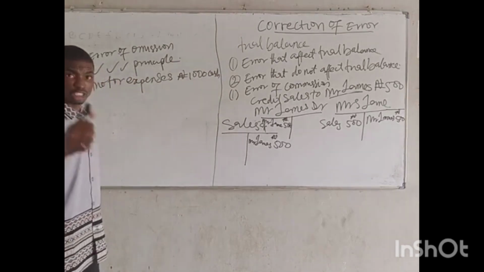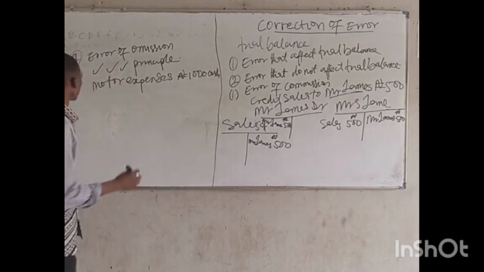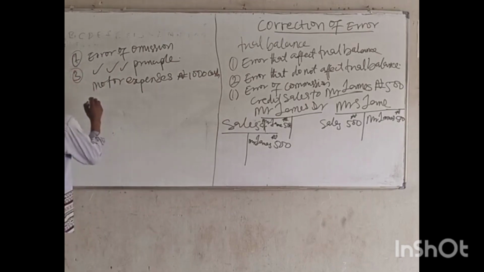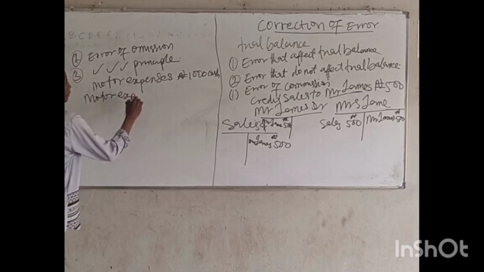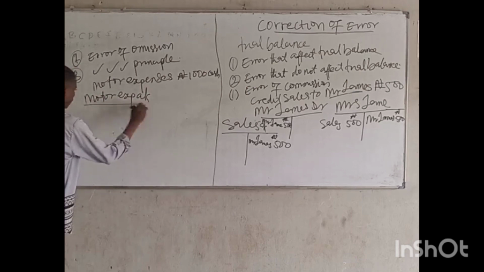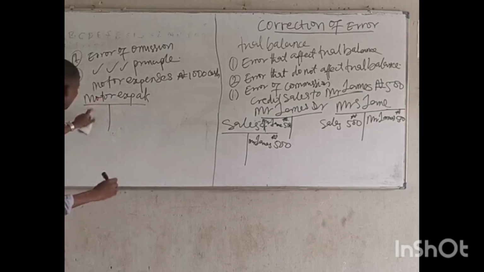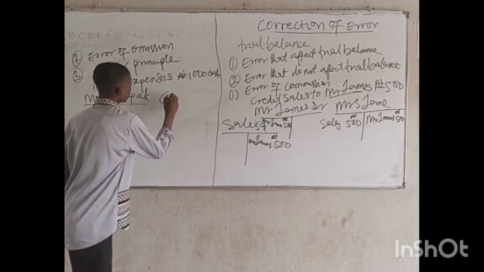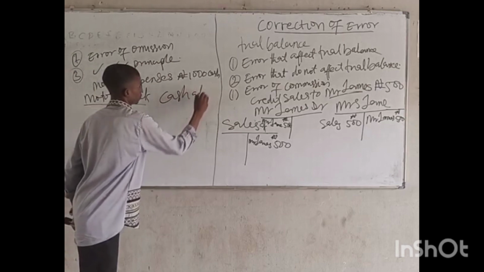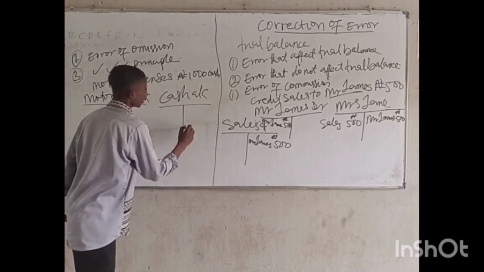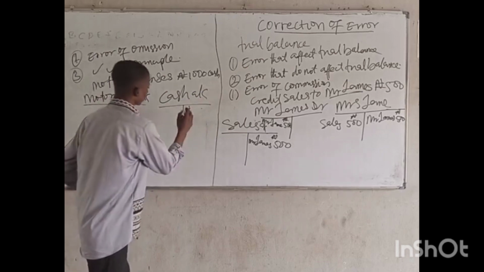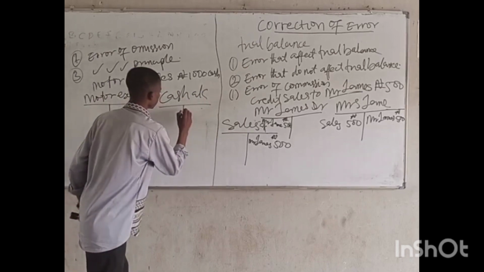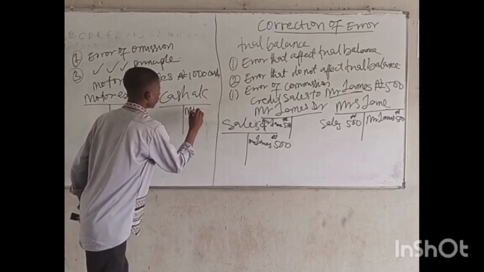The double entry for this transaction would have been to debit motor expenses account and then credit the cash account. On that cash account, debit it with motor expenses.